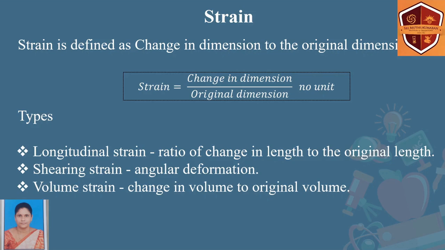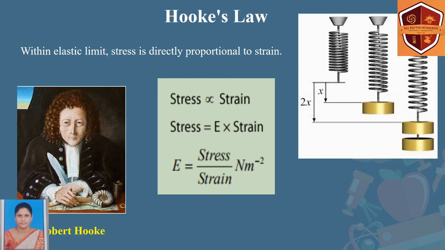In longitudinal strain, when we apply force to the material, the change occurs lengthwise. If the change occurs angularly, that is called shearing strain. When the change occurs in the volume, that is called volume strain.